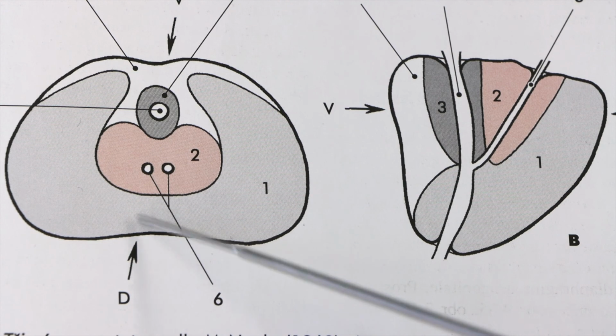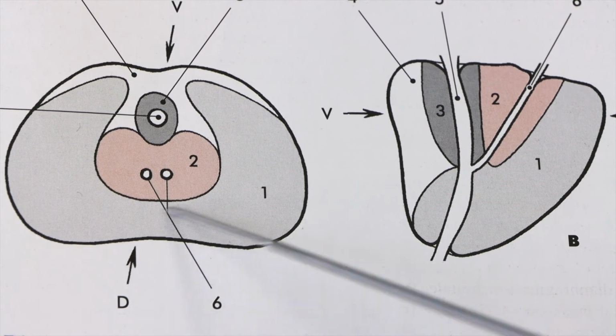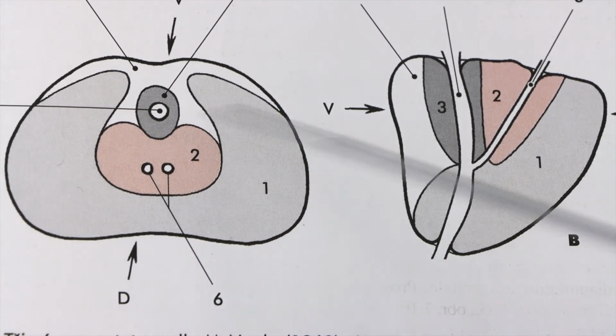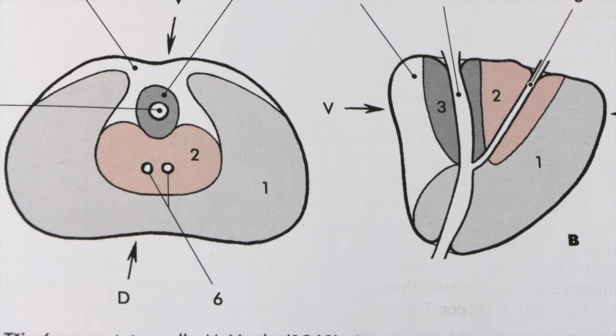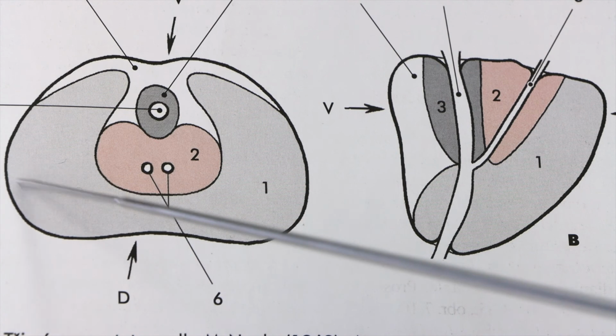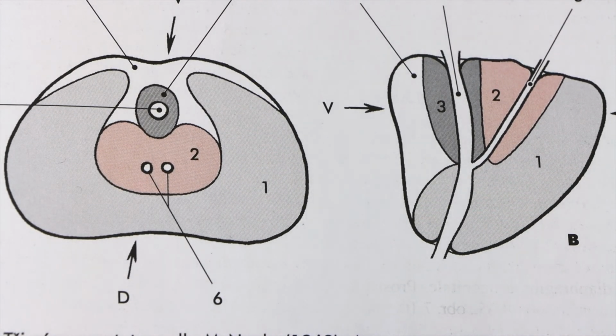This peripheral zone is surrounding the central zone from the posterior side, and also from the lateral sides. It contains approximately 70% of the prostate, and it contains the main tuboalveolar glands, the main glands of the prostate, that are producing the prostatic secretion via the prostatic ducts, which are variable in number. This peripheral zone is where the main carcinoma of the prostate usually happens.